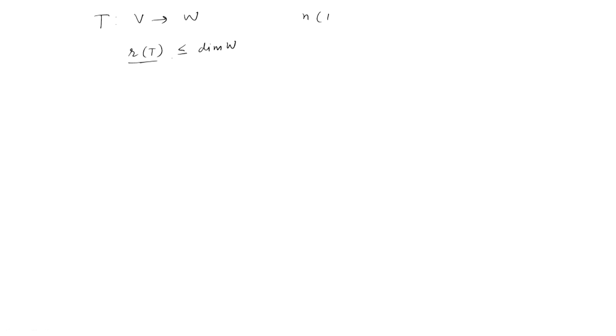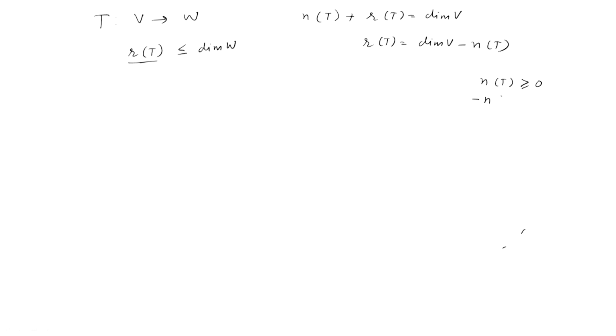And by rank-nullity, nullity of T plus rank of T is equal to the dimension of V. So, the rank of T will be equal to the dimension of V minus the nullity, and the nullity of T is greater than or equal to 0. It is 0 if T is 1 to 1.